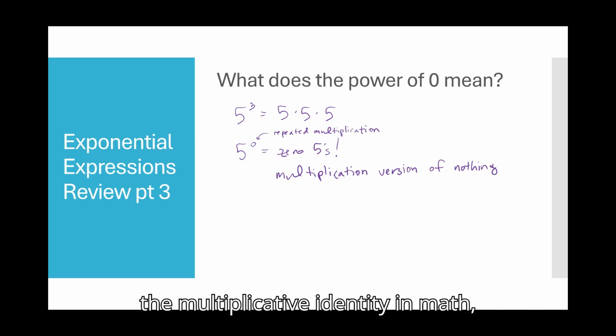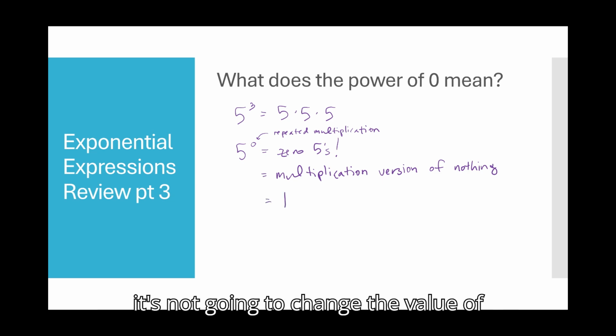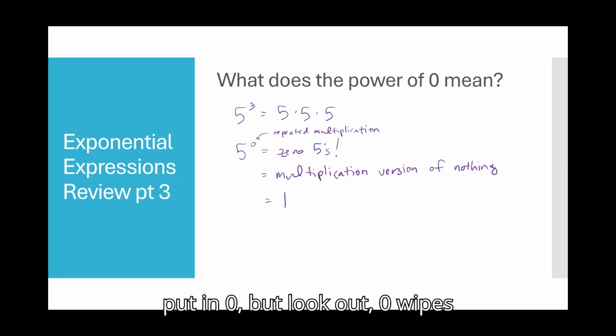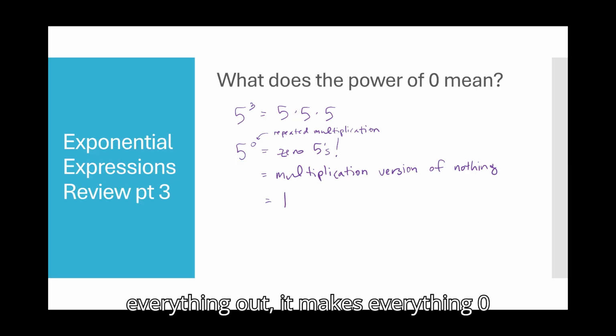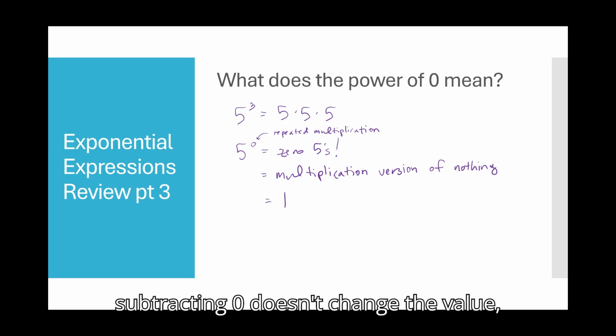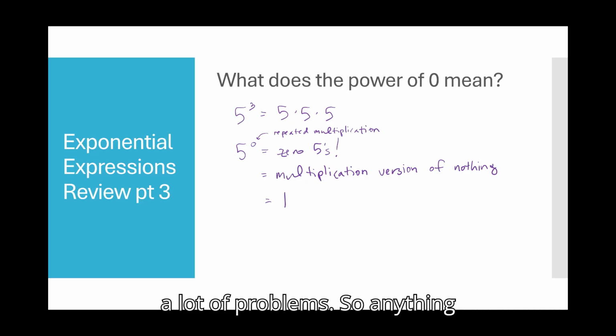We also call this the multiplicative identity in math, but it's 1. Because I can multiply any number with 1, it's not going to change the value of that number. A common mistake here is to put in 0, but look out, 0 wipes everything out. It makes everything 0 when you multiply. Adding and subtracting 0 doesn't change the value, but with multiplying, it's going to cause a lot of problems.